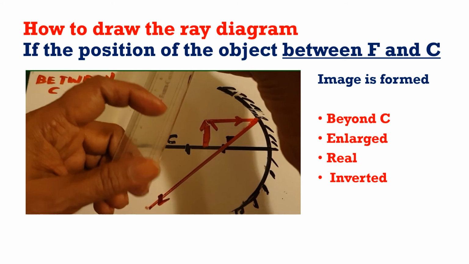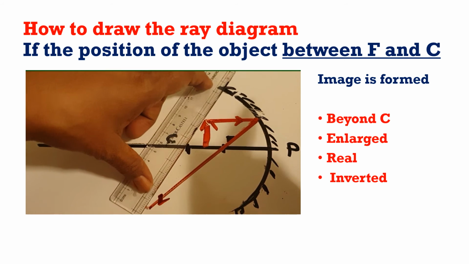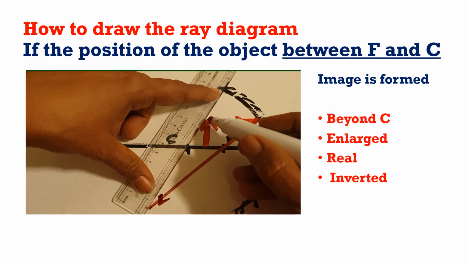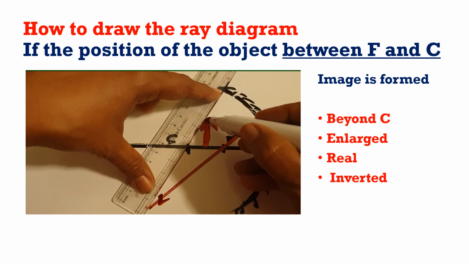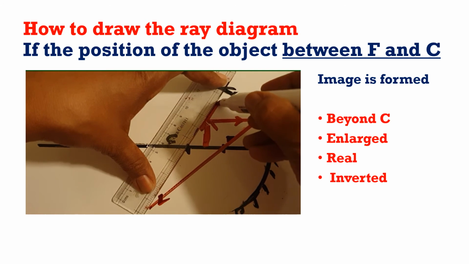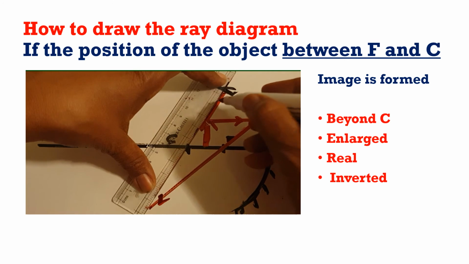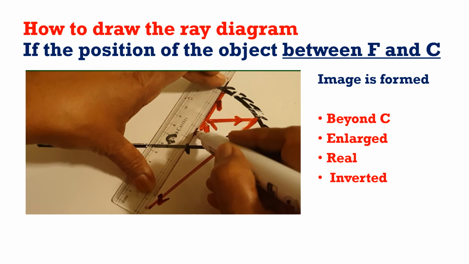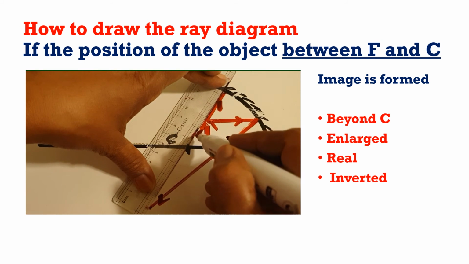So we will take a ray which is passing through the center of curvature like this. See, this is the center of curvature. The ray should touch the object. From the object it reaches the mirror. Now one part is over. After reflection it will come back in the same path. So we will draw it like this.